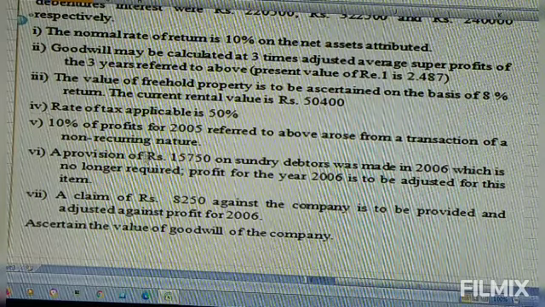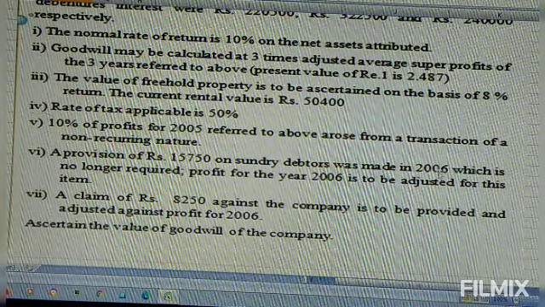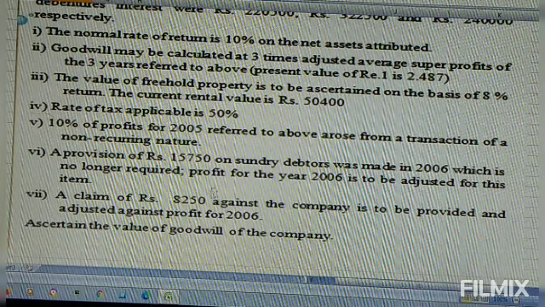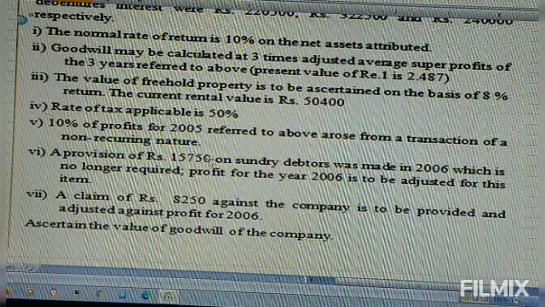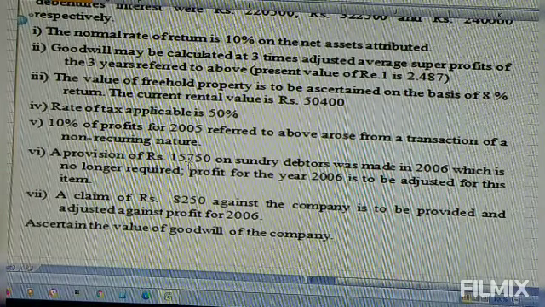We'll see that later. Then the next point is a provision of rupees 15,750 on sundry debtors was made in 2006, which is no longer required. So look here, a provision of rupees 15,750. Usually when we provide a provision, it is because we have already sold on debt basis, and the debts used to be recovered.